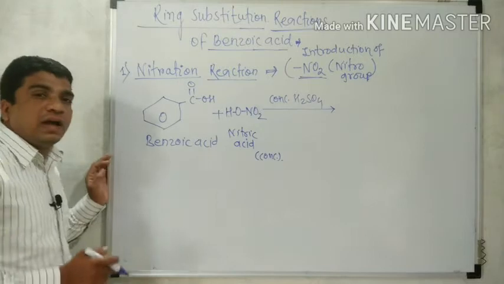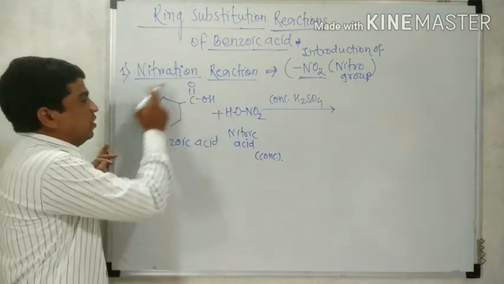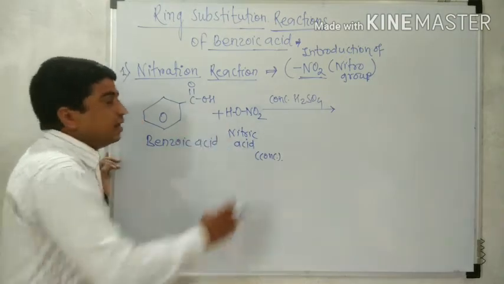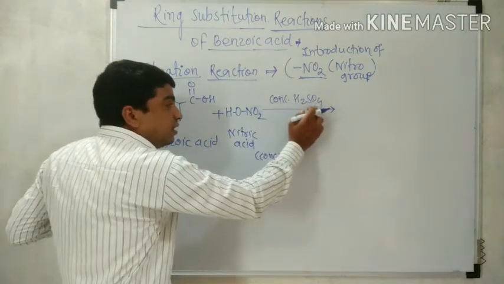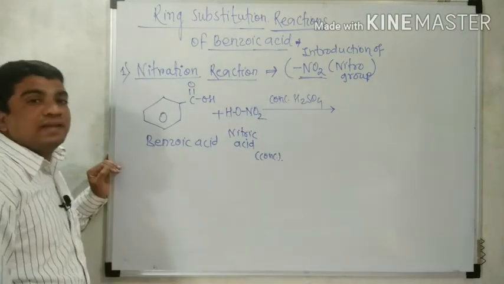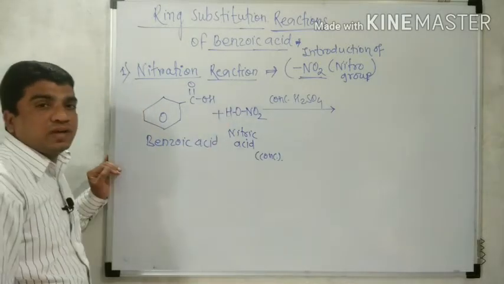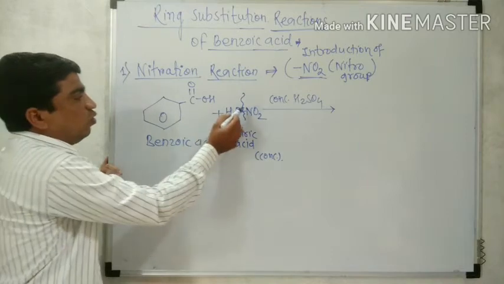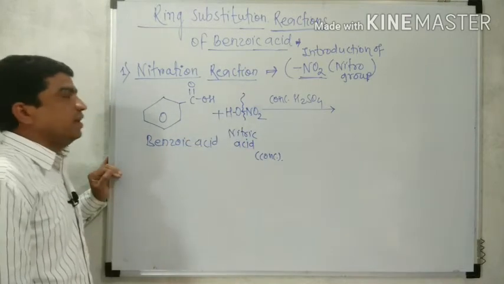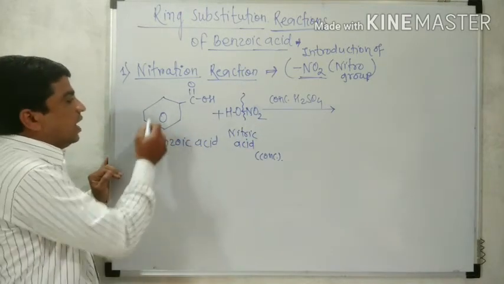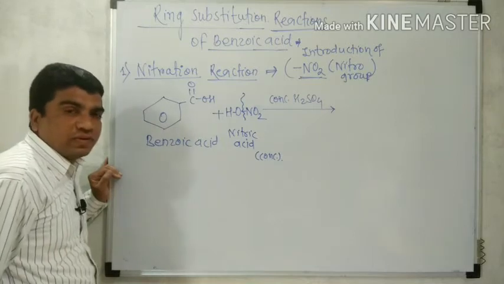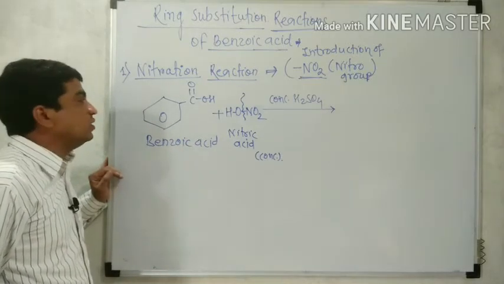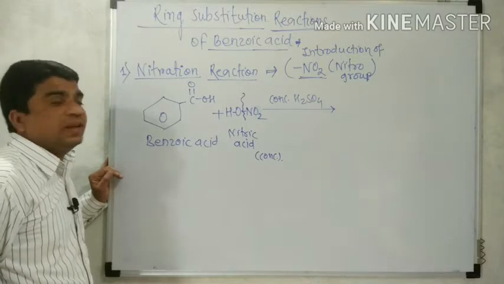Or we can explain again: when benzoic acid is reacted with nitric acid in the presence of concentrated H2SO4, that is sulfuric acid, then benzoic acid undergoes nitration, because the nitro group replaces the hydrogen atom of the benzene ring. This nitro group replaces the hydrogen atom of this benzene ring.